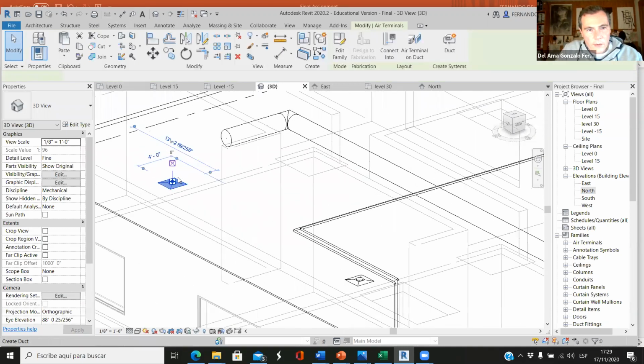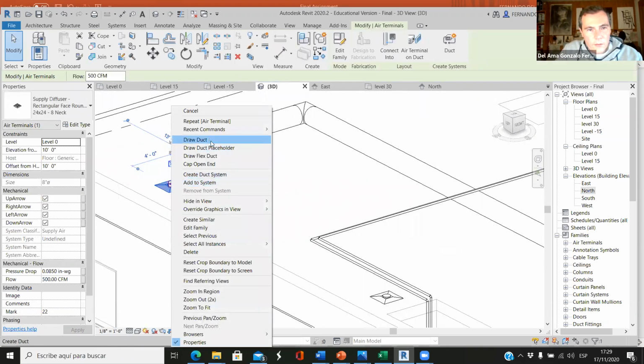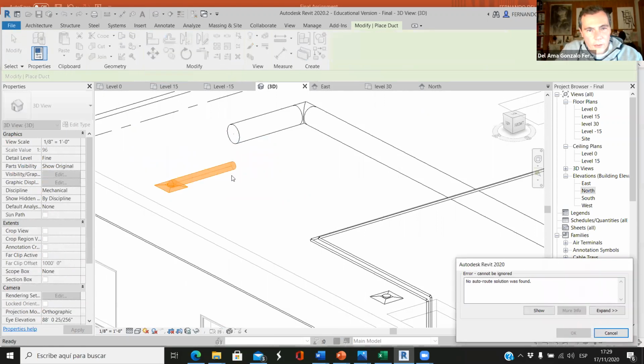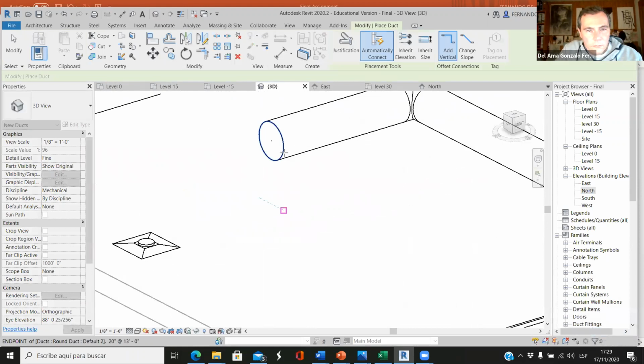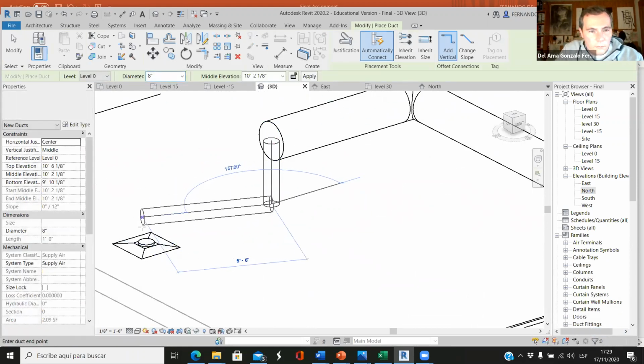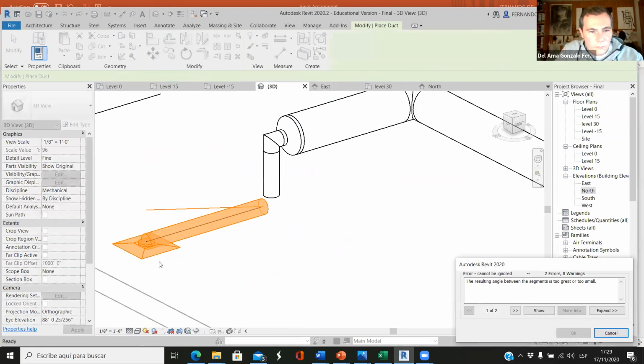Okay, so now I need to connect this one, draw duct to this one. Oops. Too small.